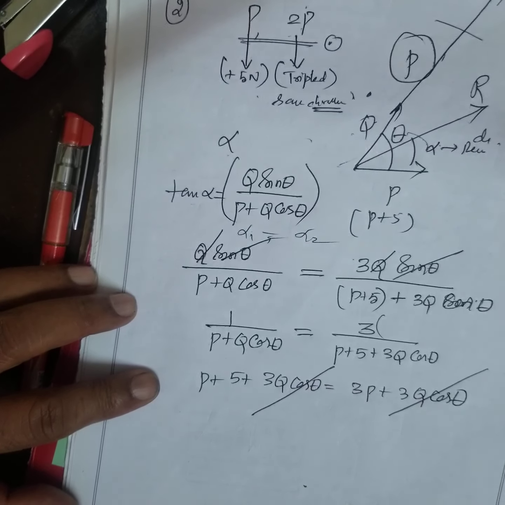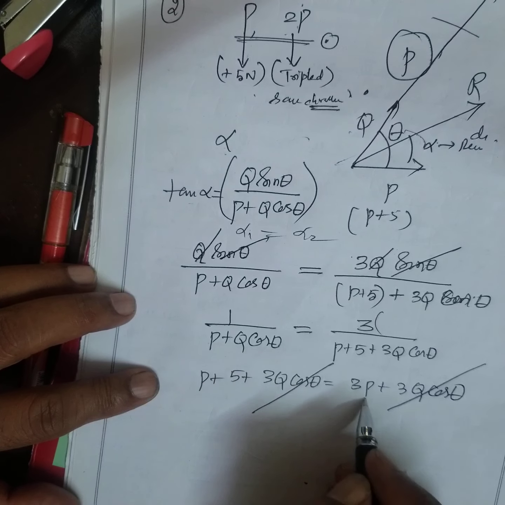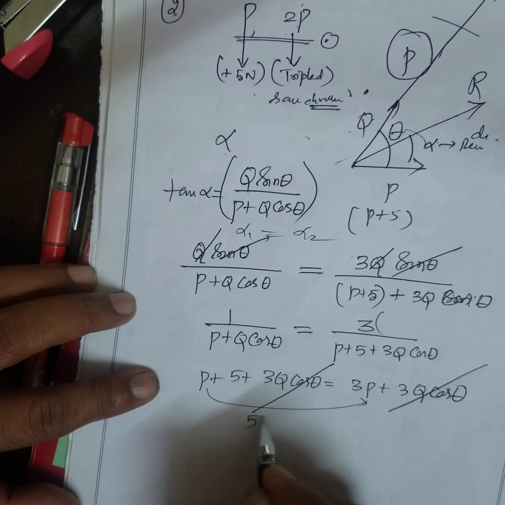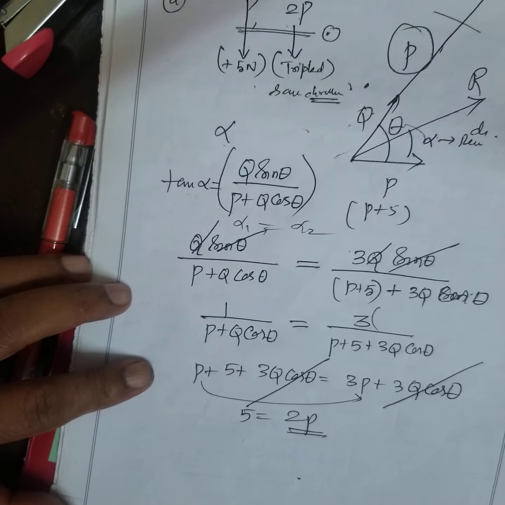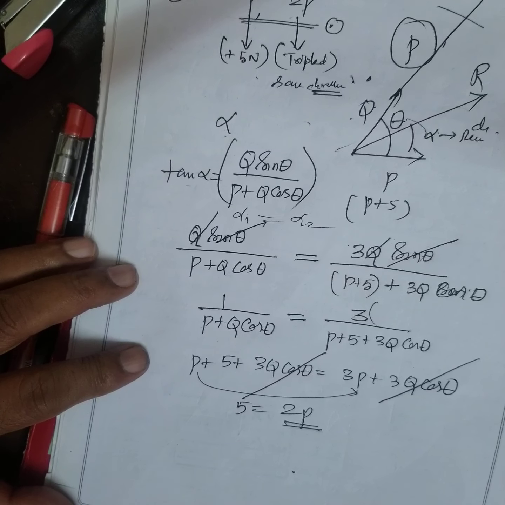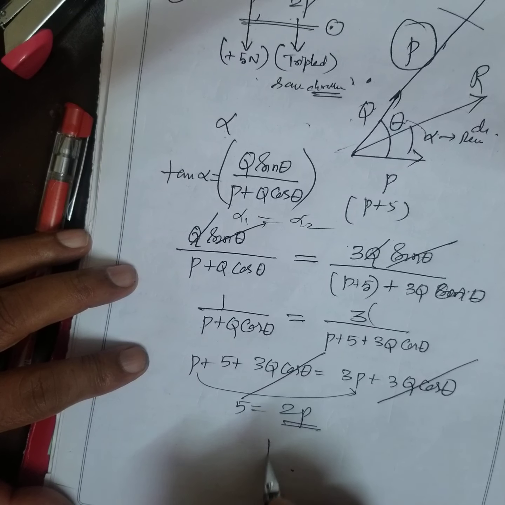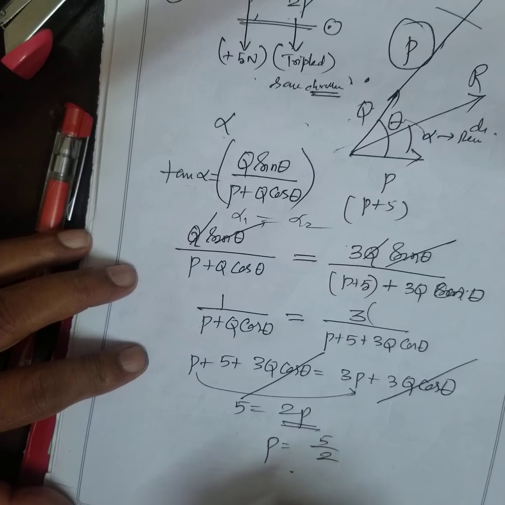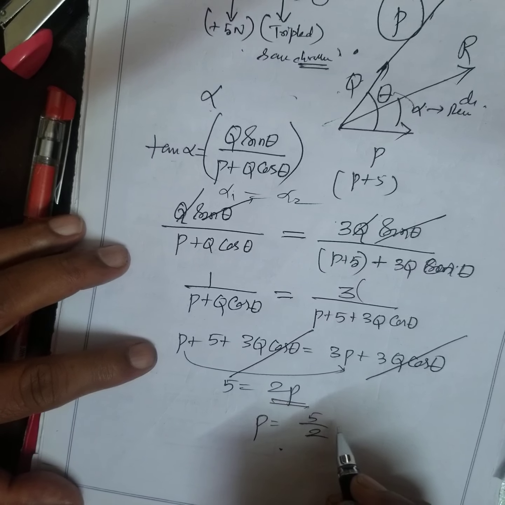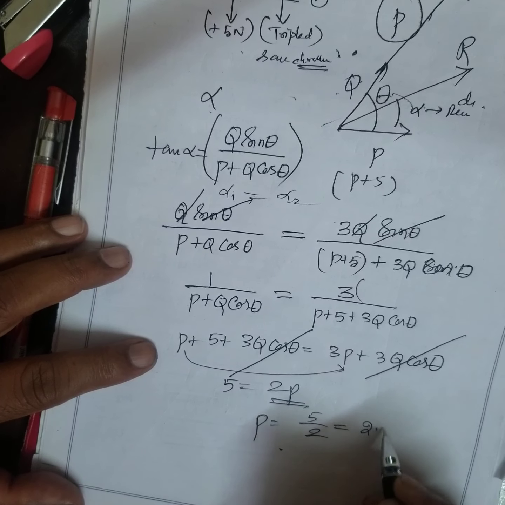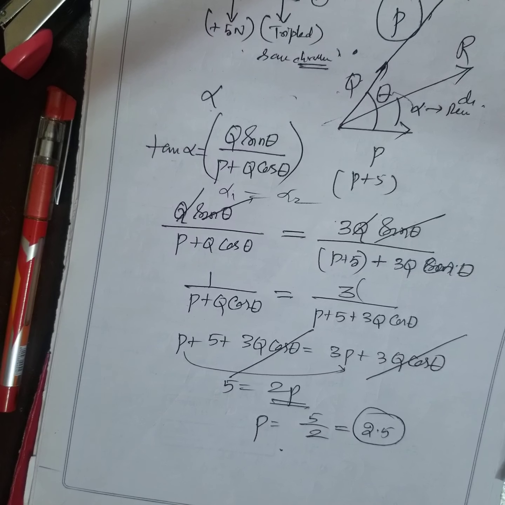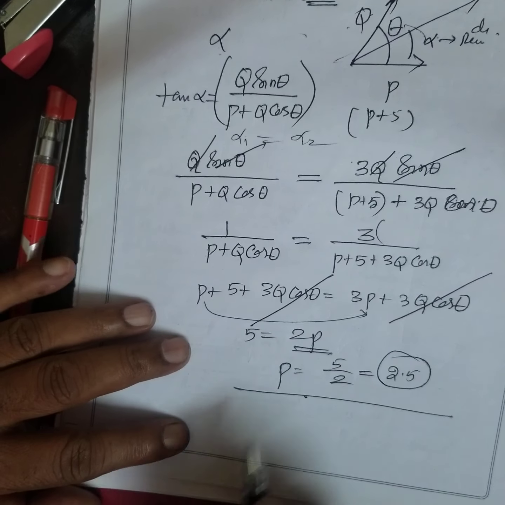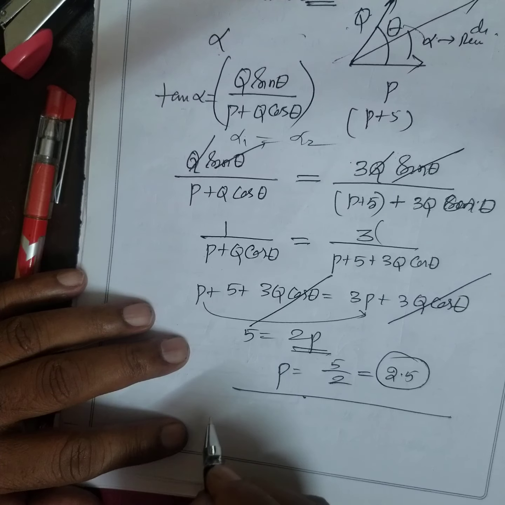This gets cancelled first. Therefore, sending that side, 5 equals 2P. Understood? P is equal to 5 by 2, which is 2.5. The correct answer is 2.5.